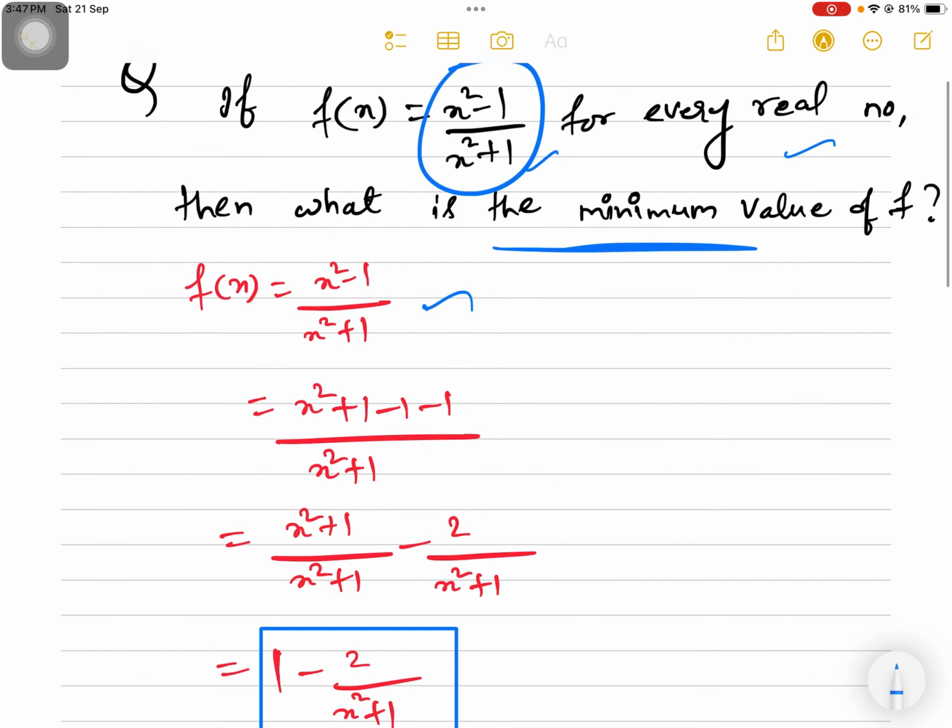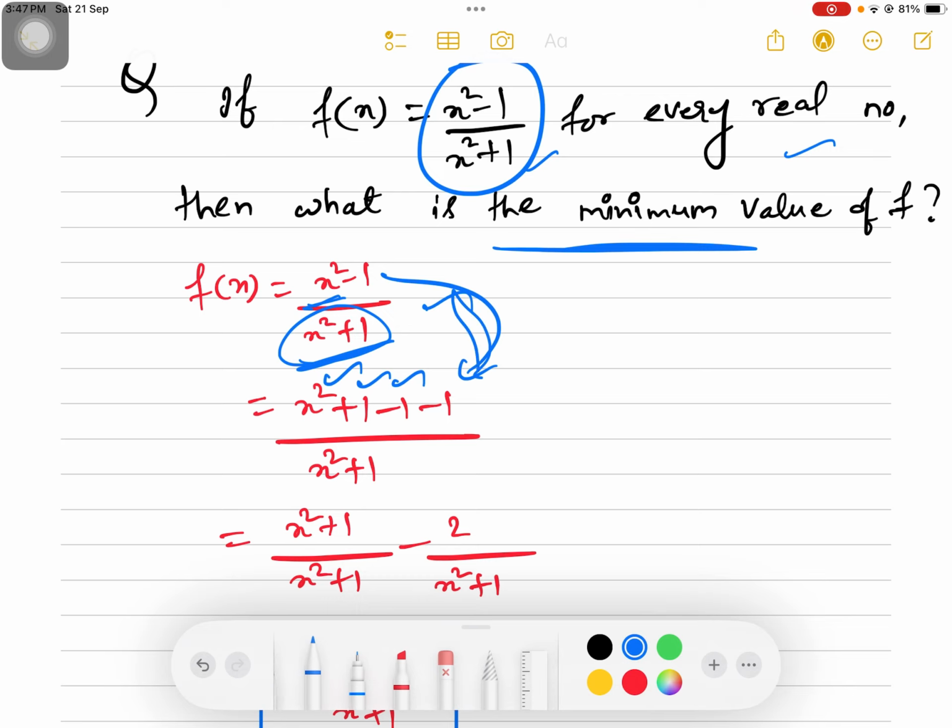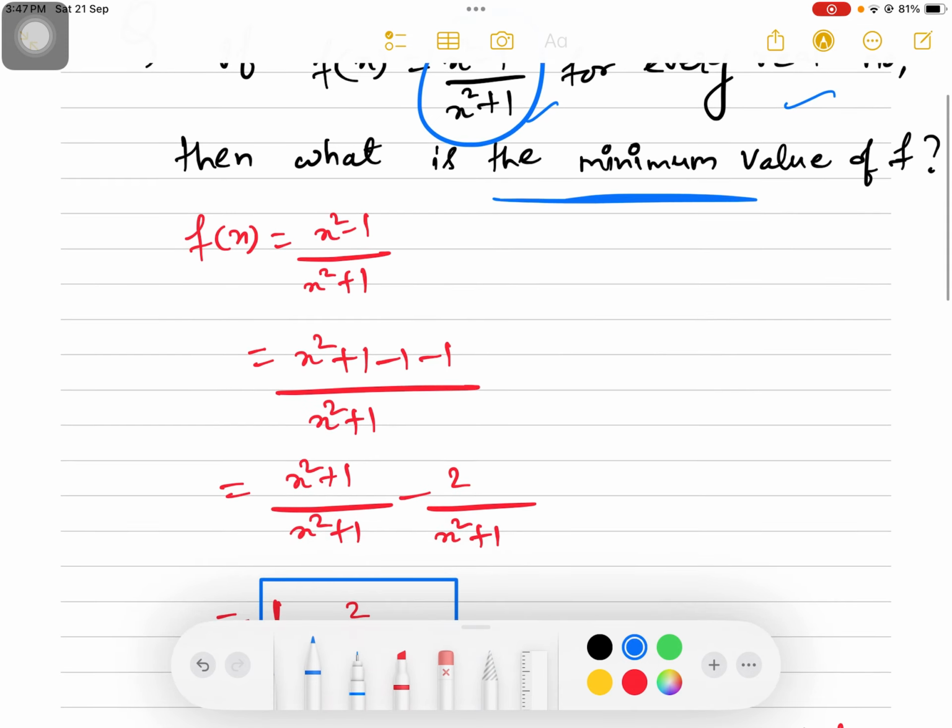Now for this function, I will create the numerator like the denominator only. Since the denominator is x square plus 1, here I write x square plus 1 minus 1, and this other minus 1 I wrote as it is. That means I am not changing the value of the expression. I added 1 as well as subtracted 1, and everything else I wrote the same way.